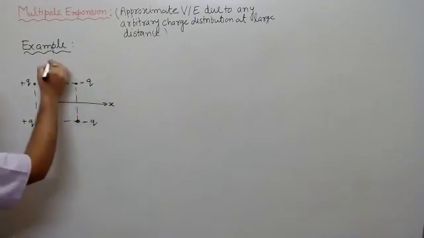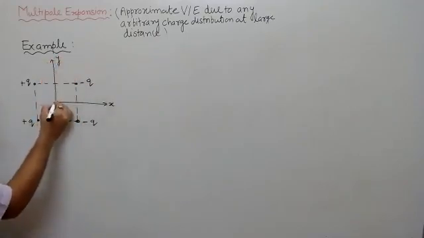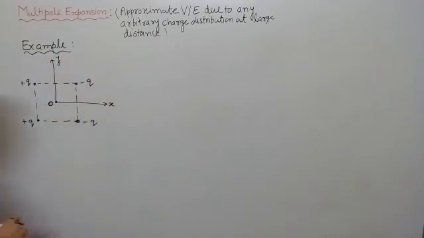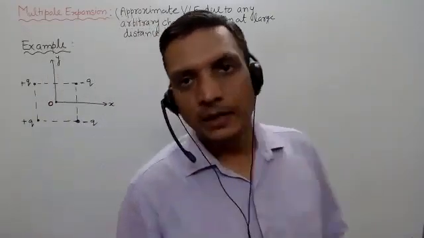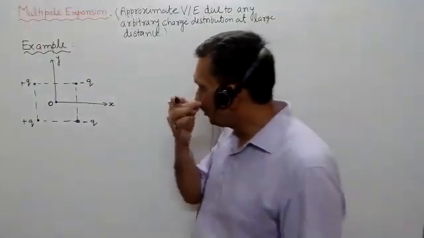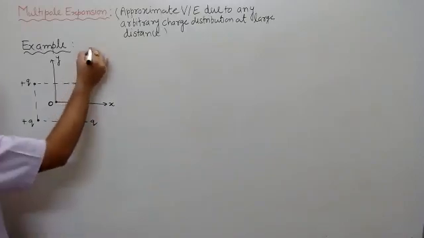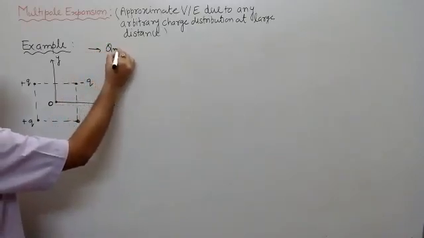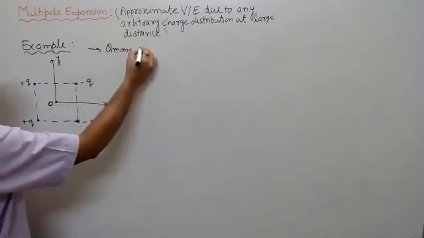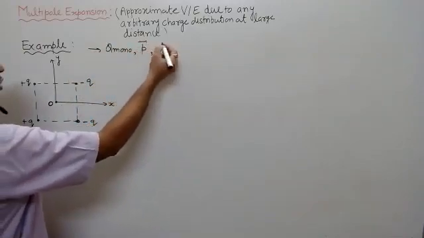This is in the xy plane, and assume this is the origin. Let us find q mono, dipole moment in this case, and also find this ratio.